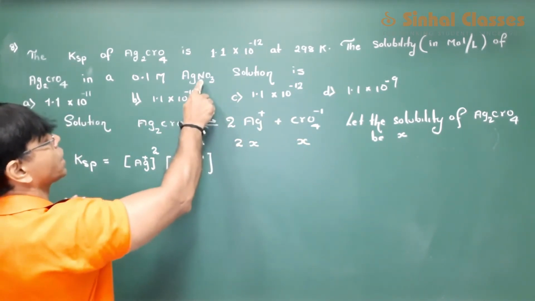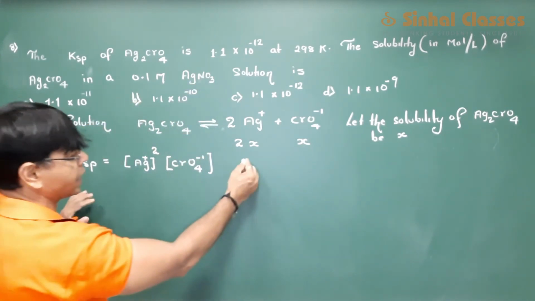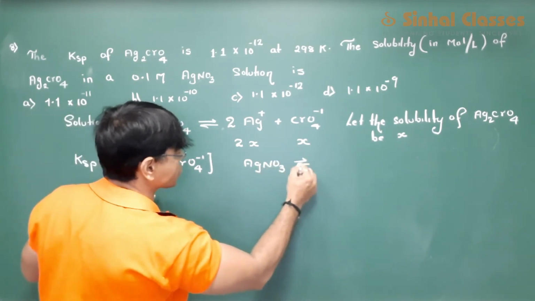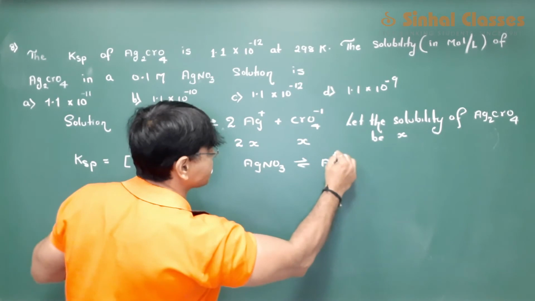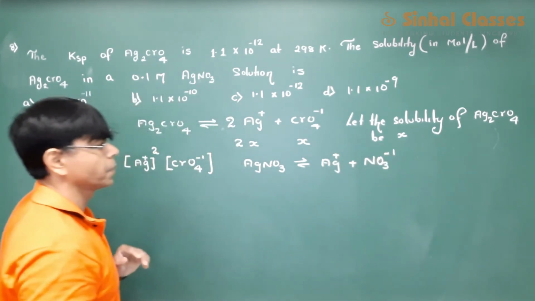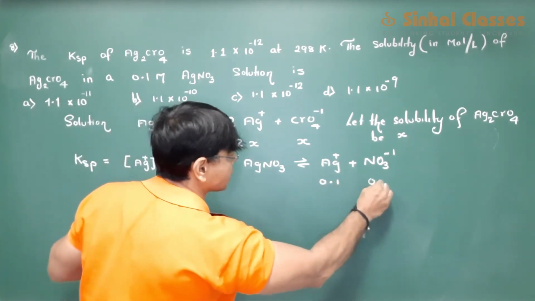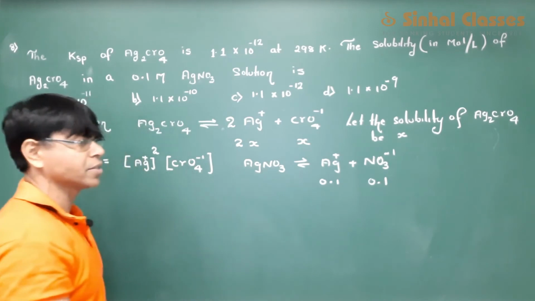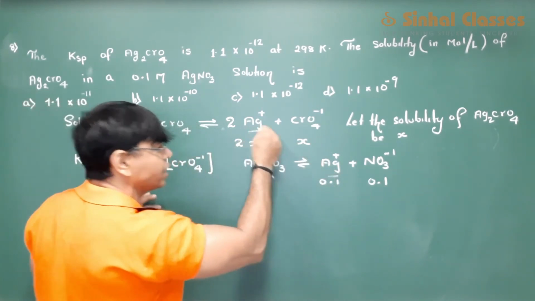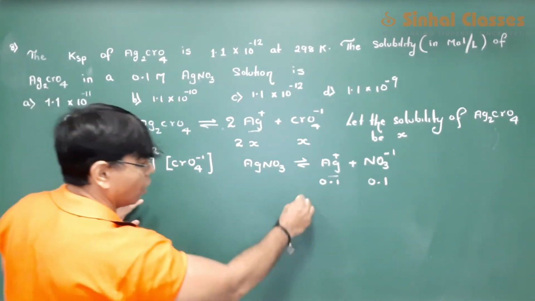Now in this we are adding silver nitrate, which is a very strong electrolyte. So AgNO3 dissociates to give you Ag plus and NO3 minus. The concentration of this is 0.1 and this is 0.1, given to us. Now as you can see, silver ion is common, so there is the common ion effect.